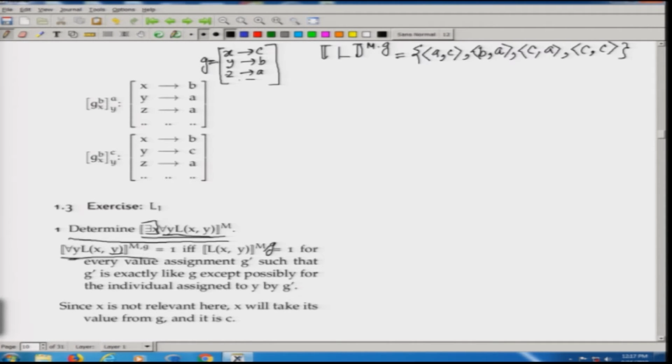We can see that x gets C, that is, G assigns C to x, we know that.